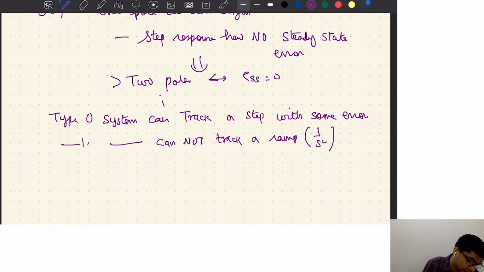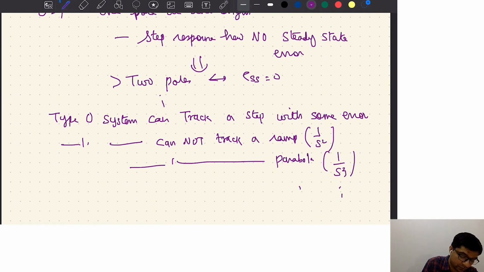It cannot track a parabola, 1 over s cube, or anything higher than this, 1 over s4 and so on. It will never be able to track.